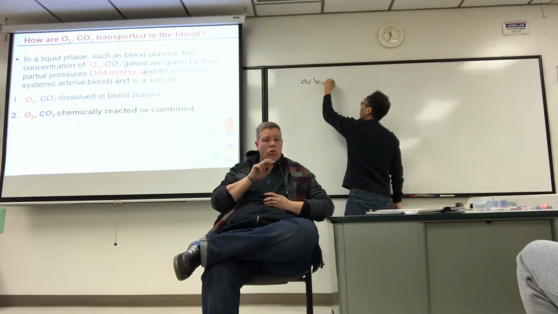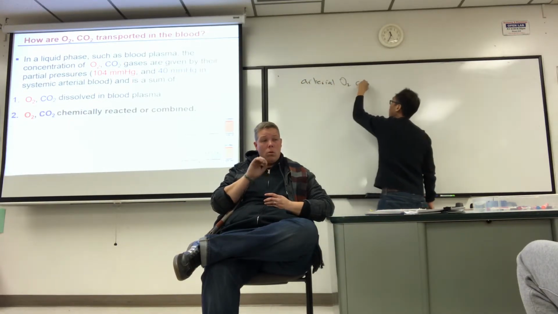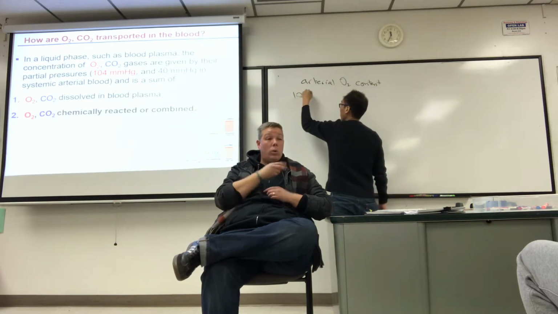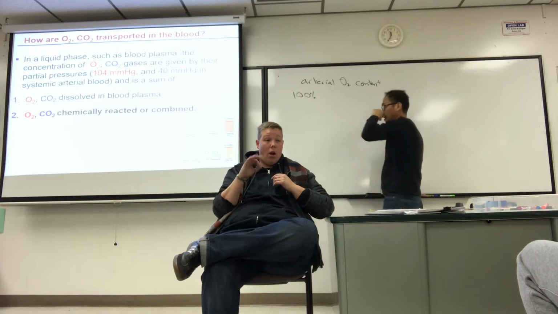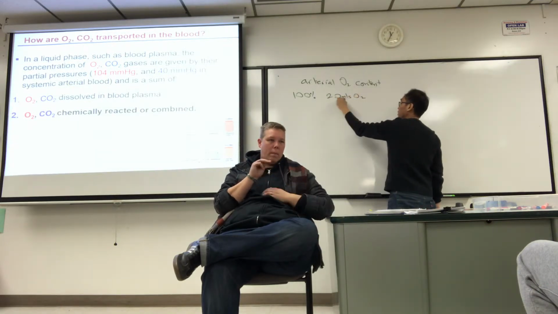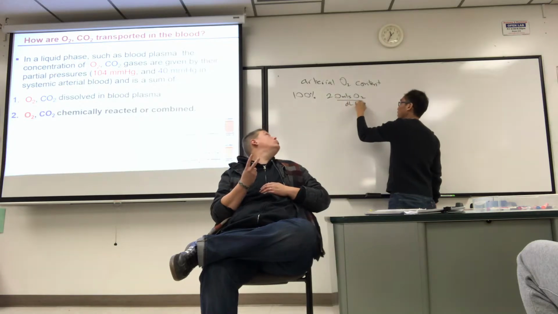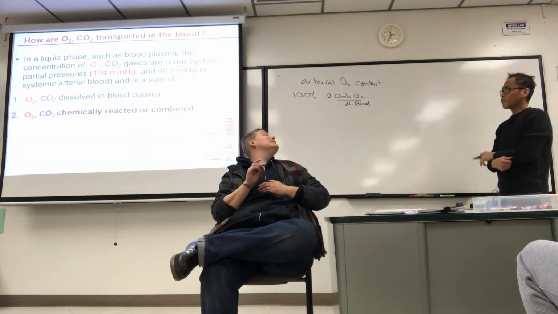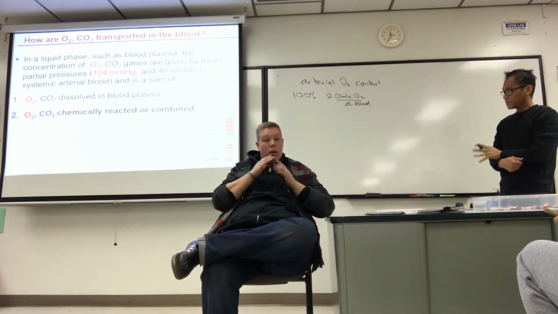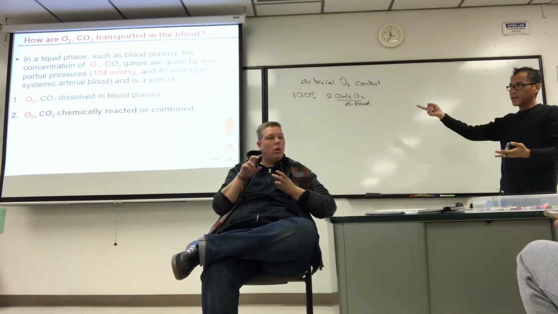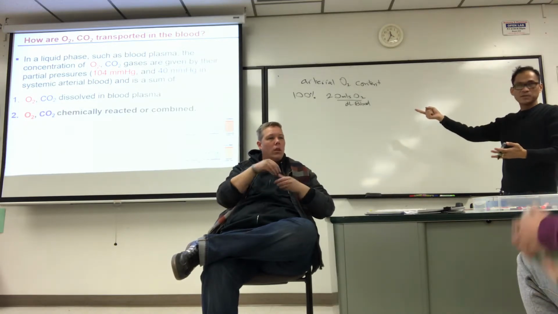Arterial O2 content. So O2 in the blood, 100% of it can be given by this number, 20 mL O2 per deciliter of blood. That's about the content of it. However, it breaks down in a couple of different ways. That O2 is transported either just dissolved in the blood, just like gas in a soda pop.